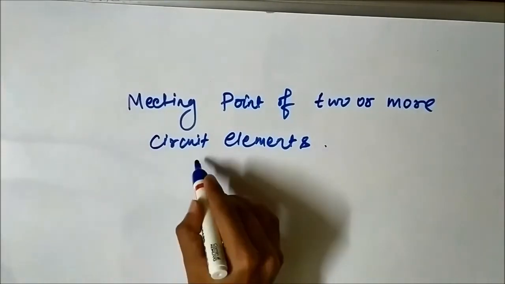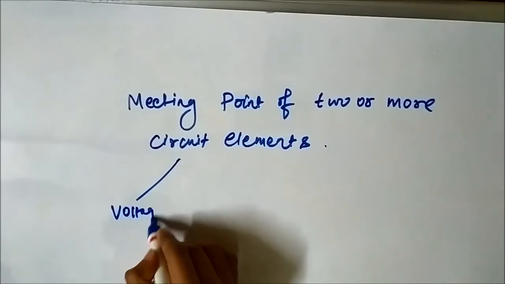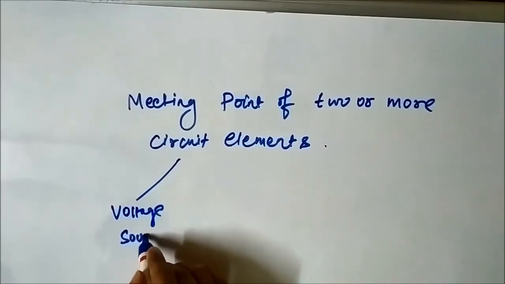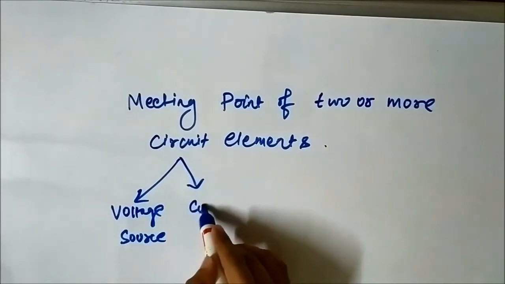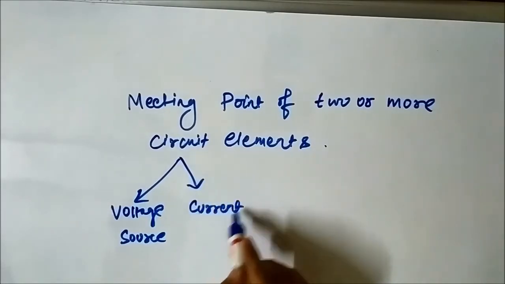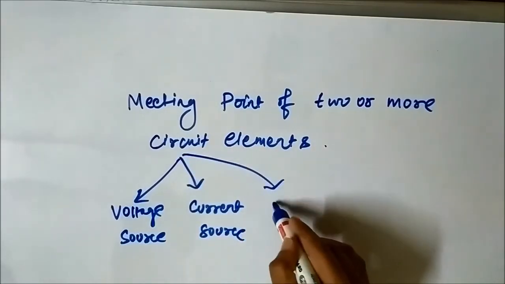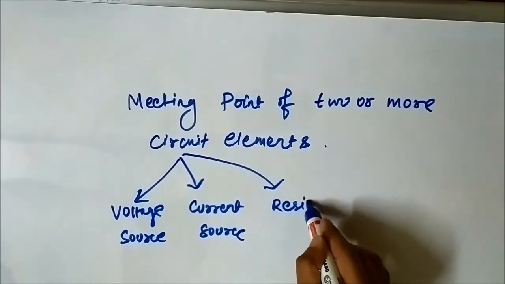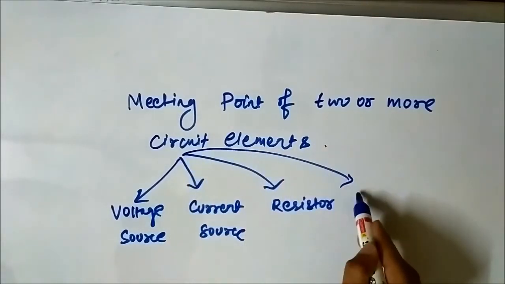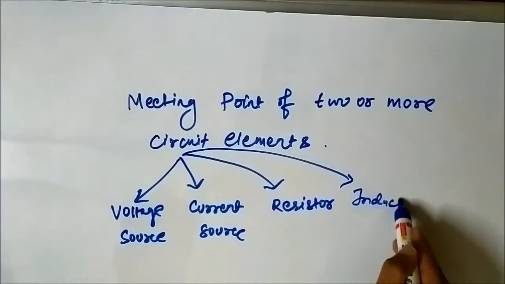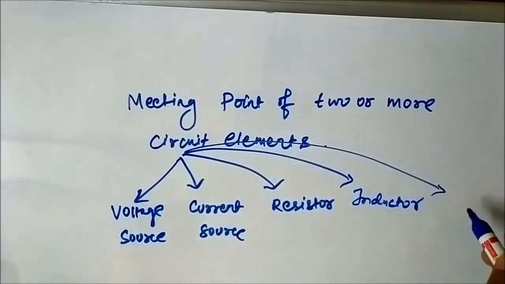Now the circuit elements can be a voltage source, a current source, a resistor, an inductor, or a capacitor.